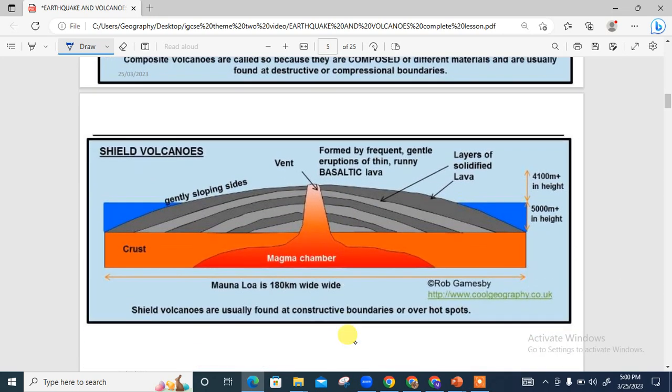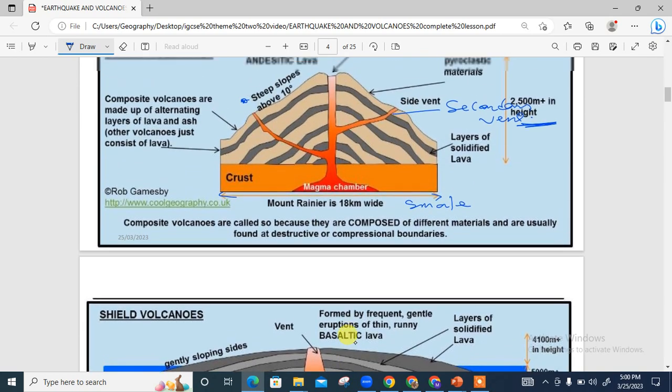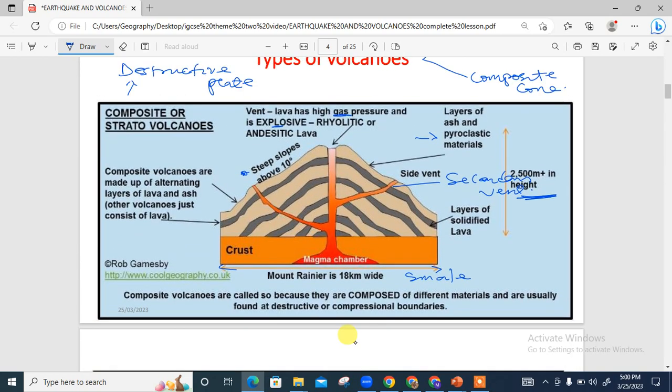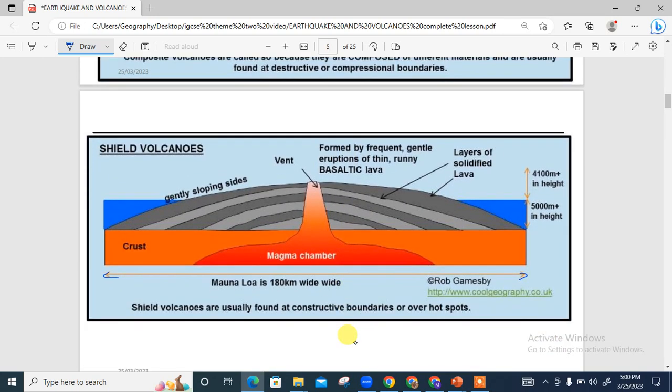Then if you look at a shield volcano, it is wide at the base, a very wide base, and has a low height. Remember, the composite cone is formed from andesitic lava, which is usually acidic, but a shield volcano is formed from basaltic lava, which is alkaline in nature.